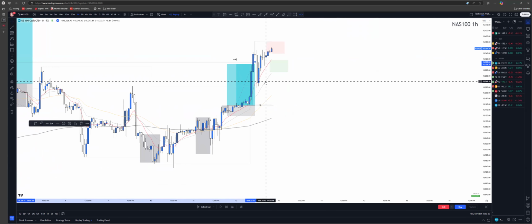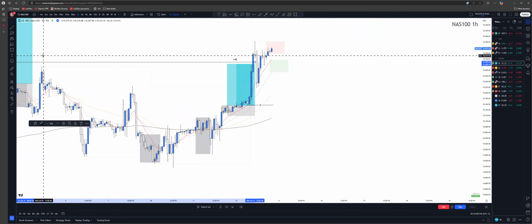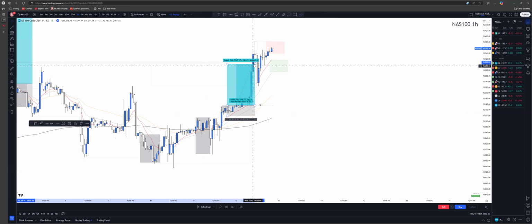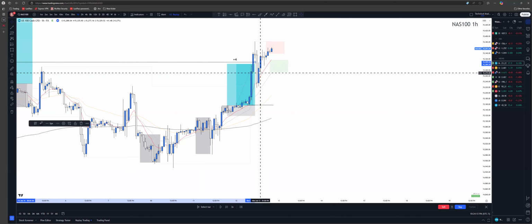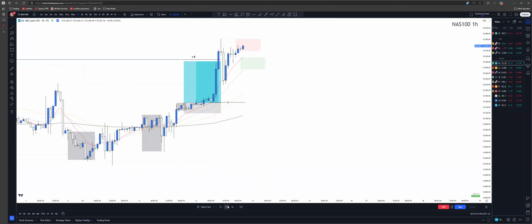Okay, so we can get an entry through here due to the fact that we do have an accumulation phase within this area, but we can also wait.